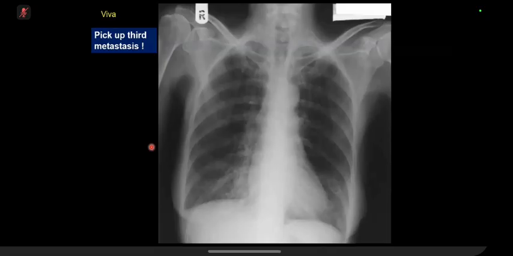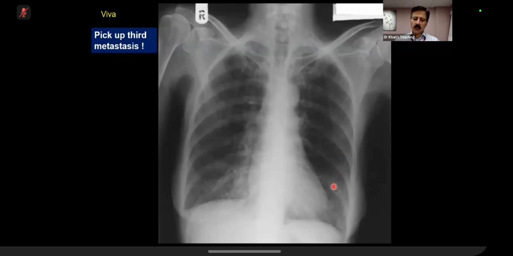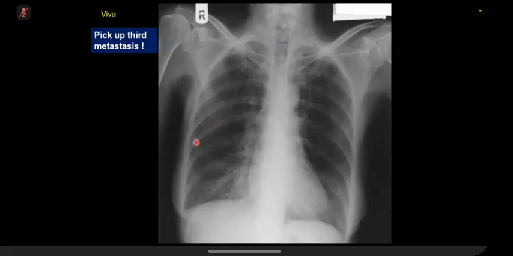And I think there's one. This one and this one, I have myself told you, right? I want you to pick up, there is another one, and I want you to develop your eyes for the third one, classical exam one. Please, over to you. Where is the third metastasis? Is it in the left scapula?